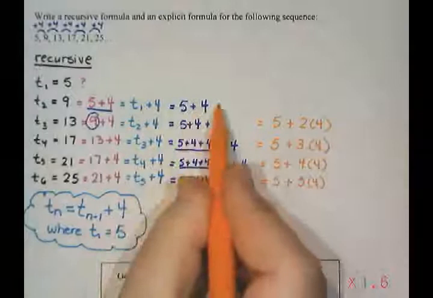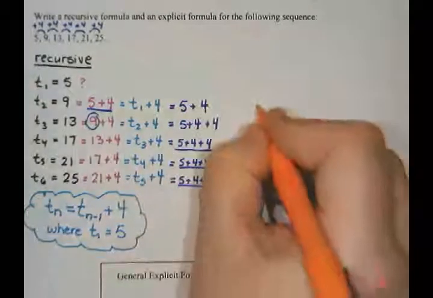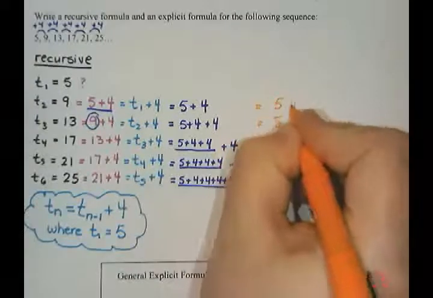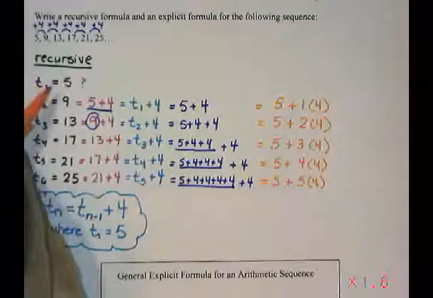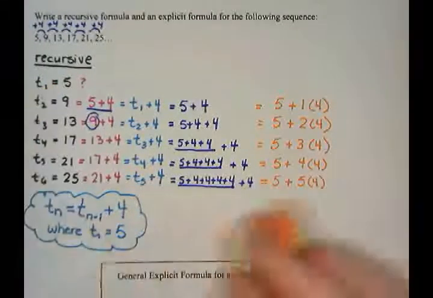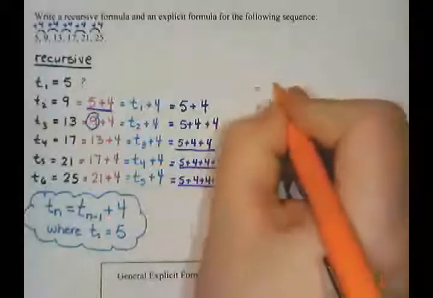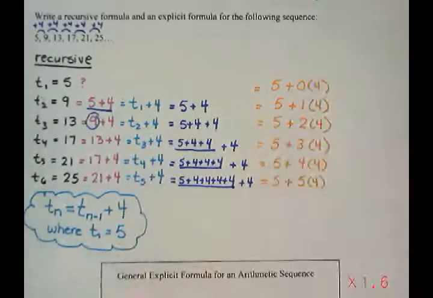This is 5 plus just 1 4. I could leave it like this, but we're trying to generate a pattern here. And then the very first term was just a 5 with absolutely no 4s whatsoever. So it was 5 plus 0 4s.